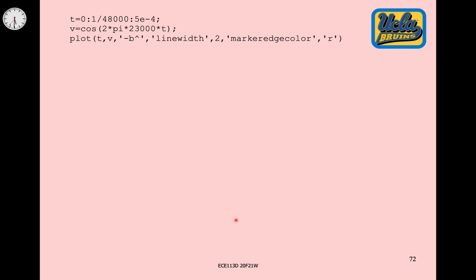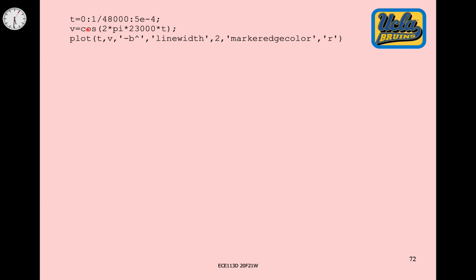So I mean, you can do this with 3 lines of MATLAB code. You can show this. Here's 3 lines to get that sine x over x, that amplitude modulated thing. Just try it. You're going from t to half a millisecond, 5e minus 4, 0 to half a millisecond, 48,000 samples per second.